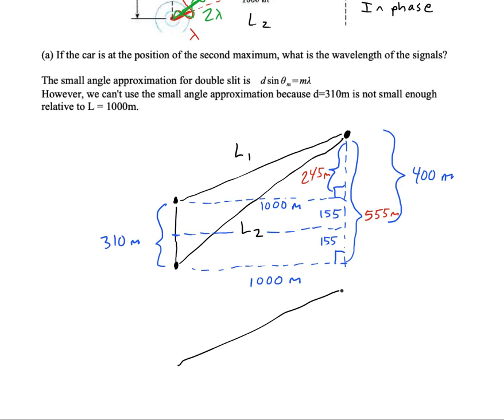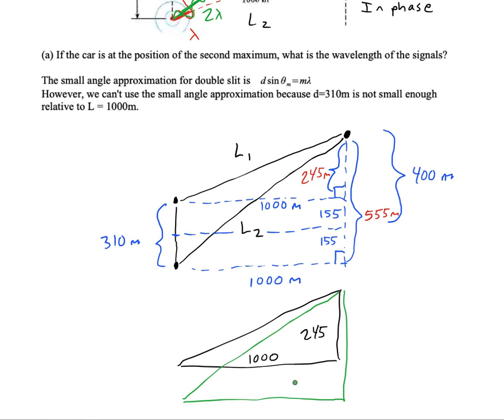So we have two triangles to work with. There's this one of 245 and 1,000. And we have another one which is 555 and 1,000. All right, so to find L1 and L2, we're going to want to use Pythagorean theorem.